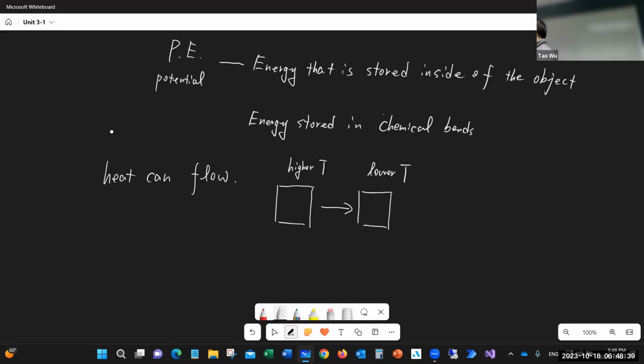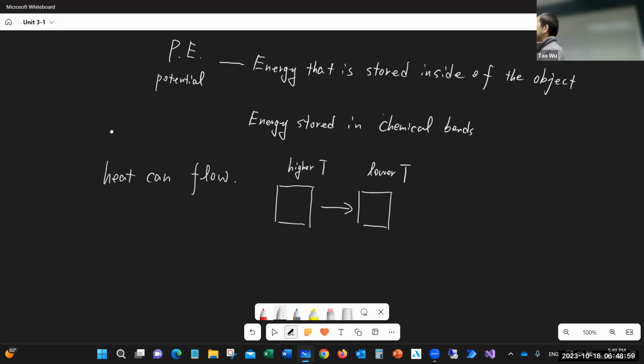We wear clothes to try to prevent the heat from being transferred out, because this room is much colder than our body. So we wear them to prevent the energy from going out.